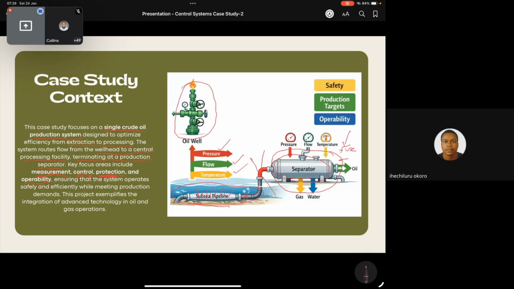So measurement, control, protection, and then operability. This system should be easy to operate, right? It should be easy to operate. That's the essence of having it as a control system, right?